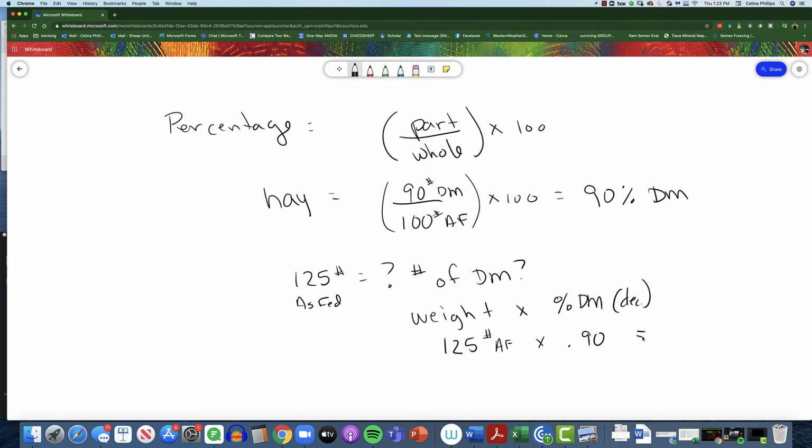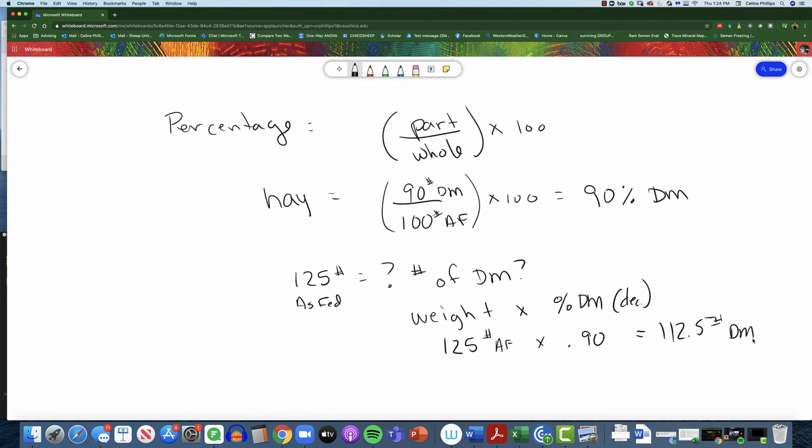That would be 112.5 pounds of dry matter.